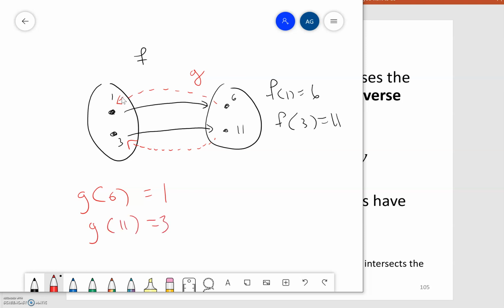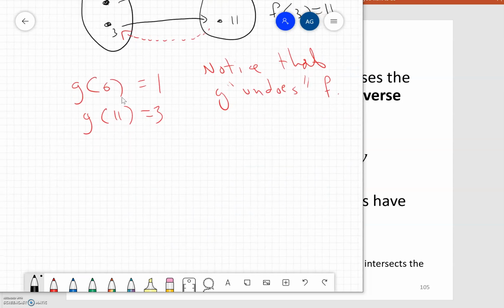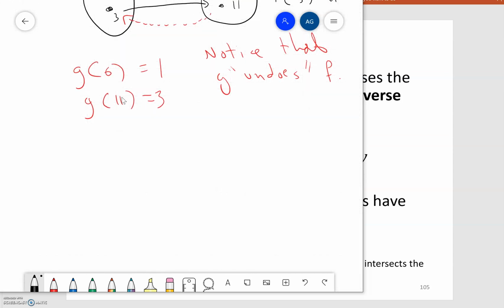Let's say we have a function g, and g of 6 equals 1, and g of 11 equals 3. Then notice that g kind of undoes f. Okay, so we're going to have to use a little bit of the idea of function composition here to understand this. And here's the idea.